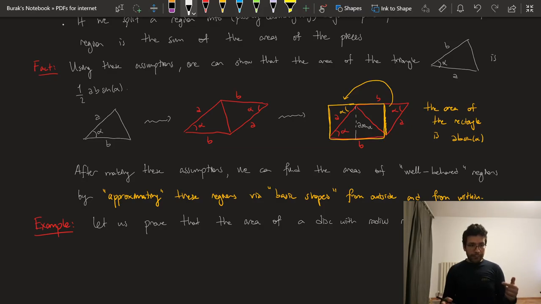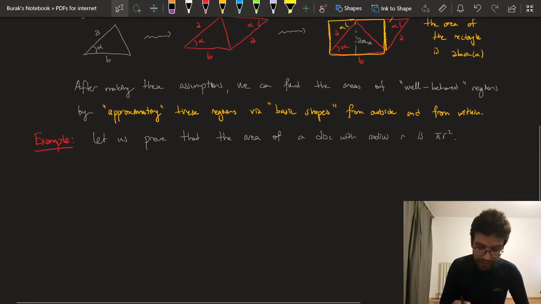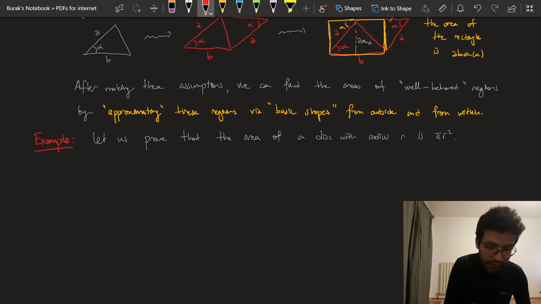And you've been exposed to this so many times that this looks as if this is a fact of life, which is the case, but it's not a fact of life because your teachers told you that this is the case. It's a fact of life because of the argument I'm about to describe. Okay, so let's prove that the area of a disk with radius r is pi r squared.